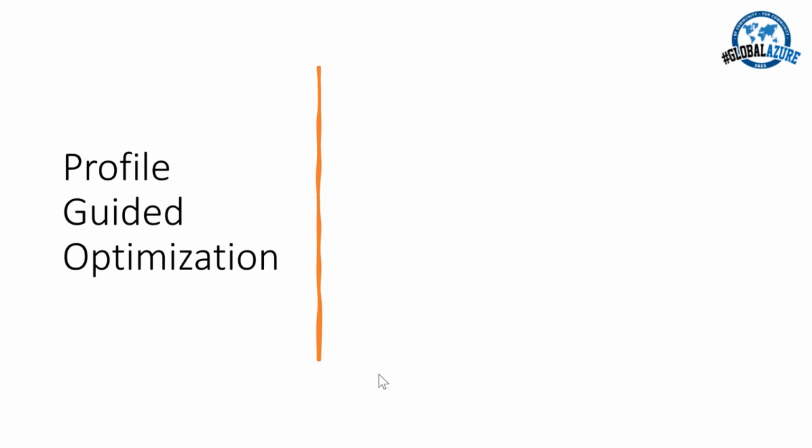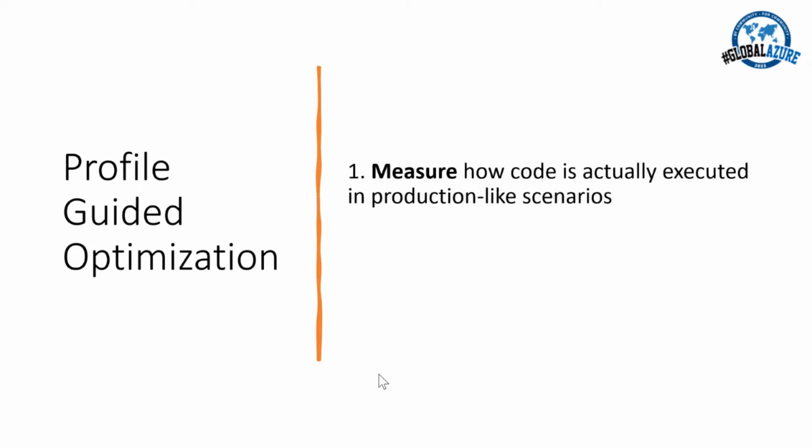However, improving on that, since we are recompiling code and we are also measuring it, there's a thing called profile-guided optimization. The idea is that when we run our code, we measure how the code is actually executed in production-like scenarios. So we look into, okay, I'm using interfaces, but what are the implementations that are actually used?